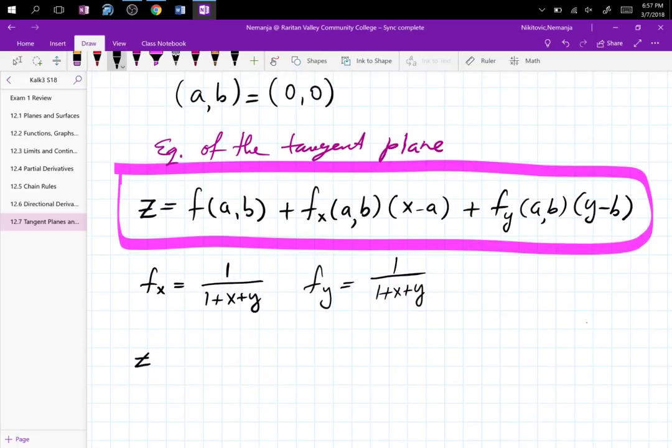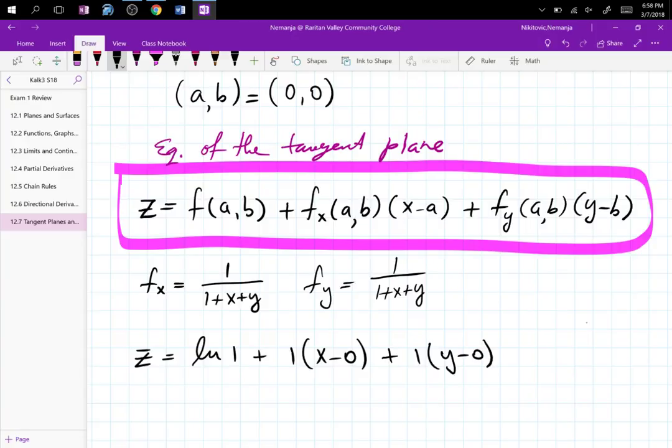There we go. Now, what do I need? Well, I have z equals, and I'm computing ln at 0, 0, so it's just ln 1, plus I'm computing the derivative at 0, 0, well, that's 1, times x minus 0. Because a is 0. And then plus y, it's also 1, times y minus 0.